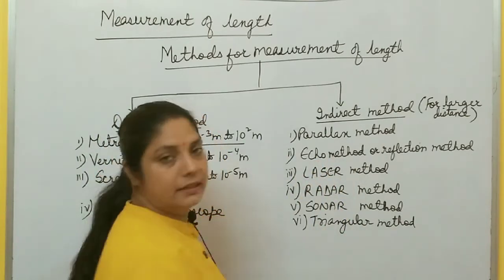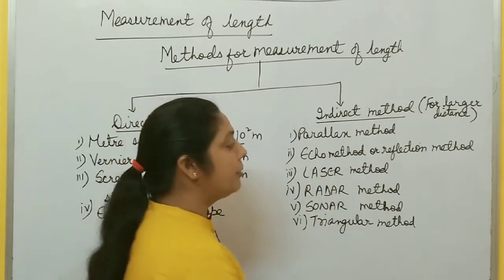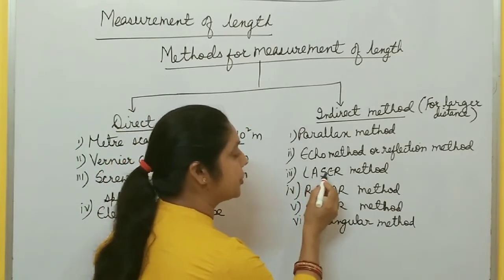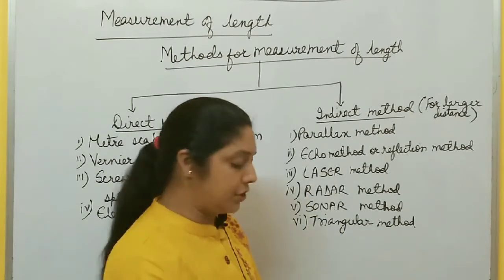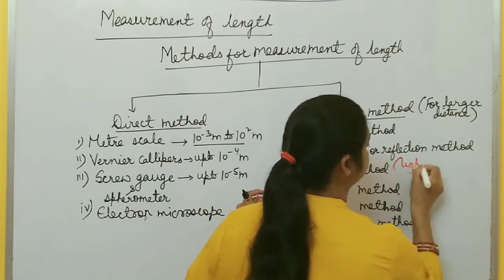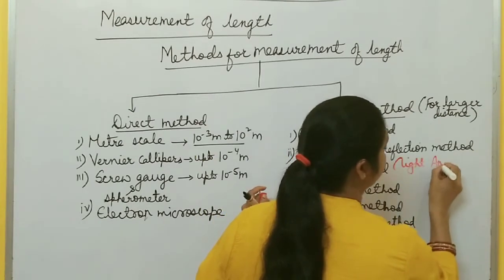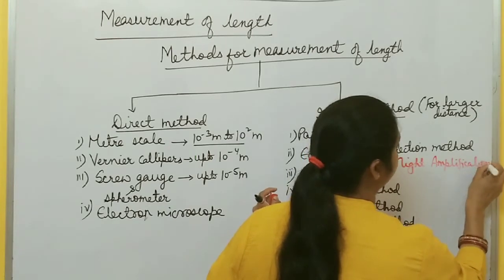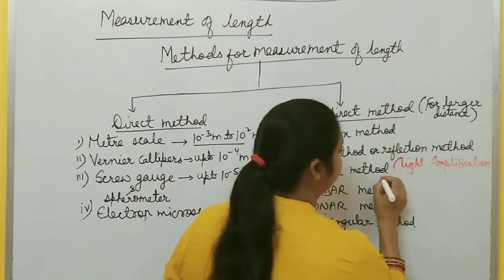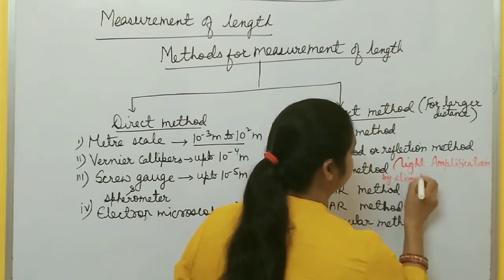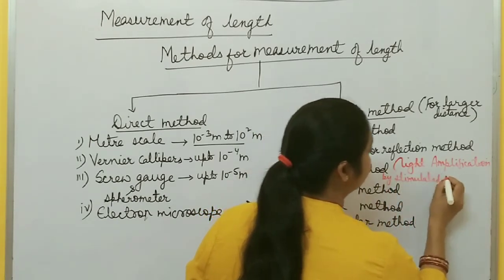Next one is laser method. What is the full form of laser? Full form of laser is light amplification by stimulated emission of radiation. You can study about laser in the higher classes.